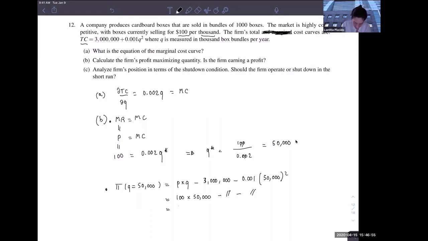Okay, so that's 5 million minus 3 million minus 2.5 million. Okay, and this is going to be minus 500. Okay, so is the profit positive? Well, no. Okay, so profit is negative here.